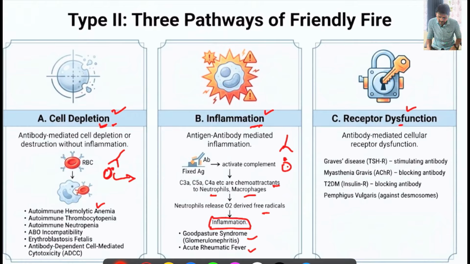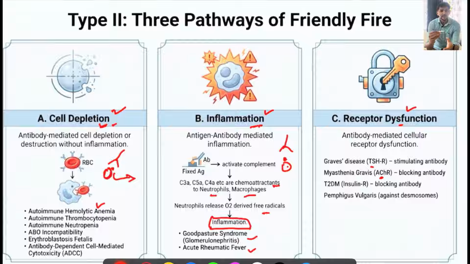Whereas in type 3, that is receptor dysfunction, here what is happening? These outsiders will be appearing just like the one whom the kid is already knowing. So it is just like the molecular mimicry. So antigen, mainly the receptors like TSH receptor or acetylcholine receptors will be there and they will be waiting for TSH or acetylcholine.